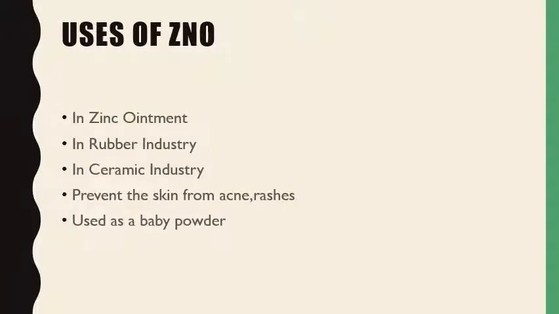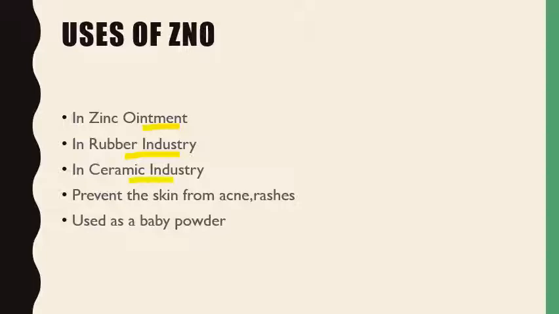So there is a variety of uses of zinc oxide. It is used as an antiseptic ointment, because it has antibacterial and deodorizing properties. In the rubber industry, it is used to protect the rubber from fungi and UV light.